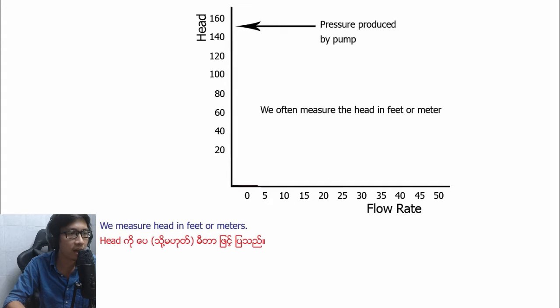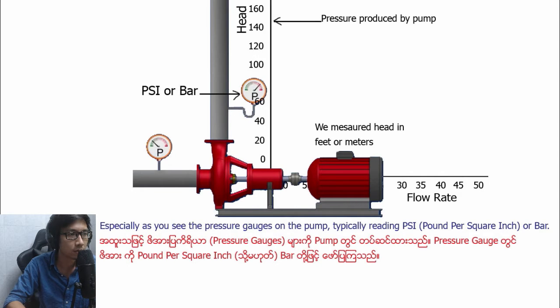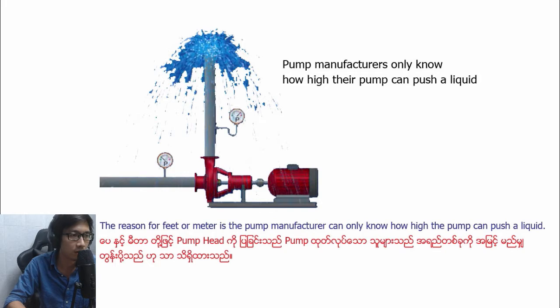We measure head in feet or meters, even though you see the pressure gauge on the pump typically reading PSI, pounds per square inch, or bar. The reason for feet or meters is the pump manufacturer can only know how high the pump can push a liquid.